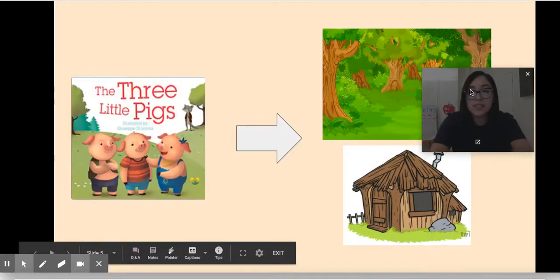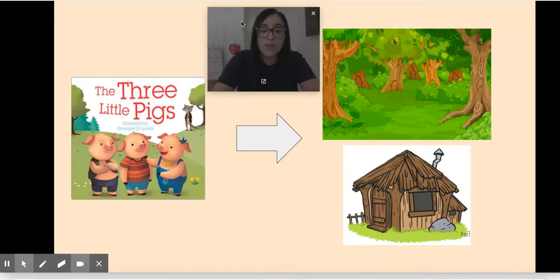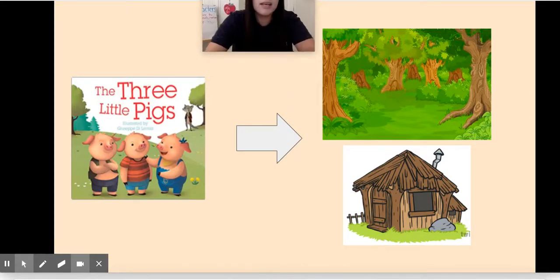Okay, so for this story, The Three Little Pigs, we know that the characters of this book, of this story, are the 3 little pigs and the wolf. Those are the characters, okay? The setting, I have it here. It is, I see a forest, trees, it's outside, and I see a house.